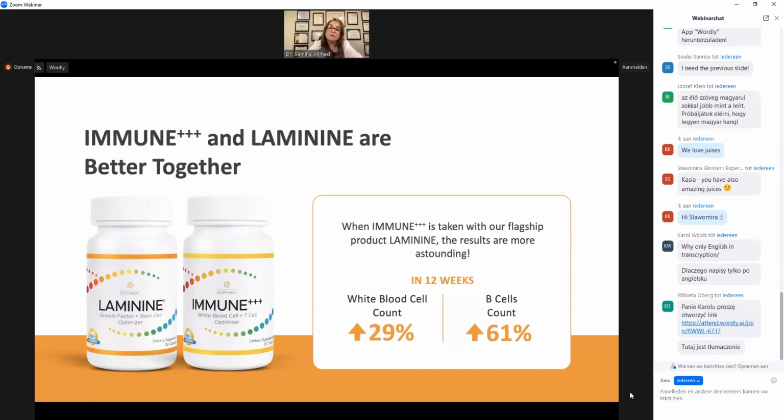What is your immune system? Your immune system is made up of white blood cells. These are your fighters, right? B cells are put under the category of white blood cells, and you have a lot of cells. You've got lymphocytes, basophils, eosinophils, monocytes.